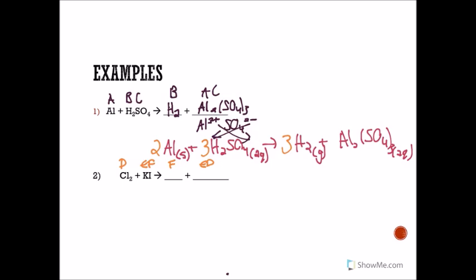So F comes out, that's iodine, and we know that iodine is a diatomic element, so it has to be I2. And then K and Cl go together. So it goes KCl when you write out their charges and swap and drop them. Again, it's good practice to write out your reaction one more time.